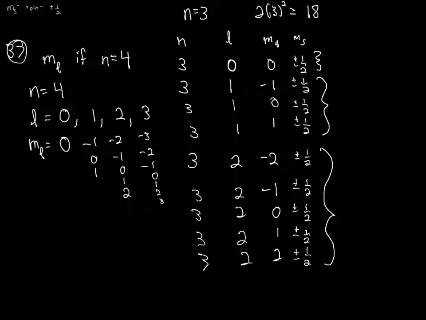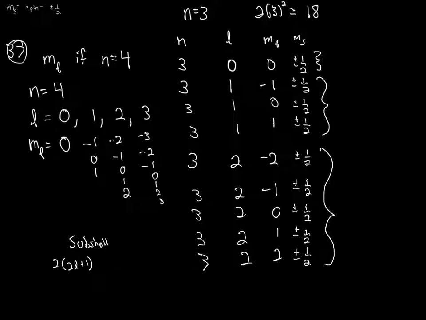How many electrons are there in the L equals 0 subshell? There's an equation to figure it out. The electrons in the subshell is 2 times 2L plus 1.